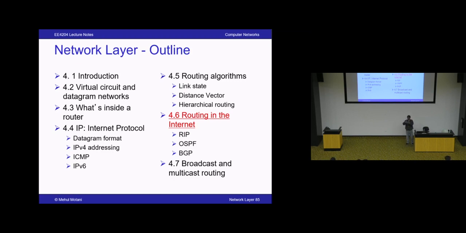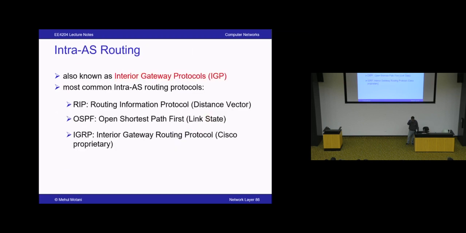So 4.5 was about the theory of the routing algorithms. 4.6 is just how those routing algorithms play out on the internet. Okay, so we're not going to spend a lot of time here. Within the AS, you can have both link state and distance vector.